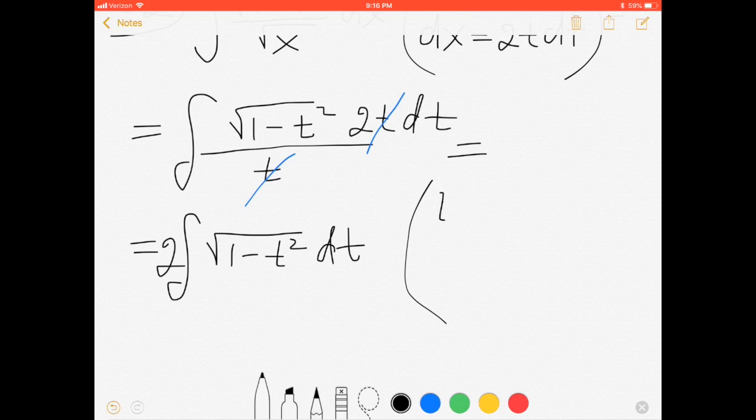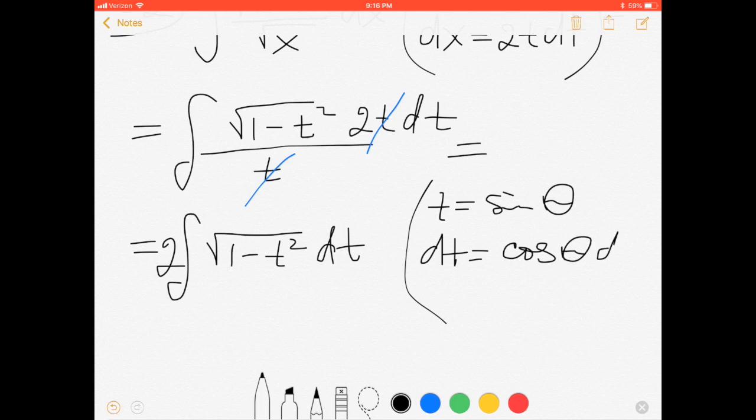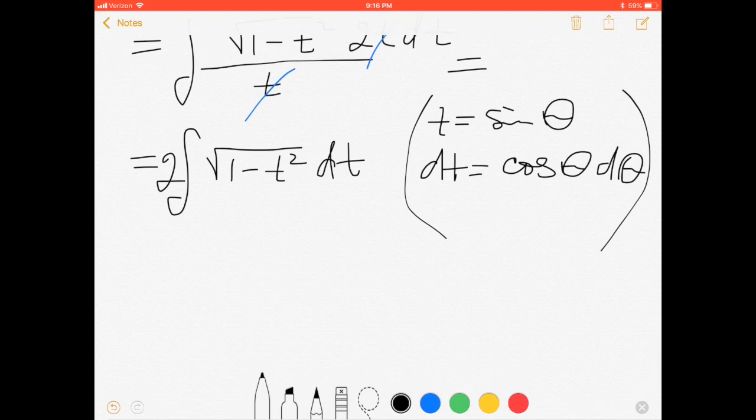This means t equals sine theta, dt equals cosine theta d theta. Plug in here, you have twice the integral of the square root of 1 minus sine squared, which is cosine squared. Take the root, it will be cosine theta.